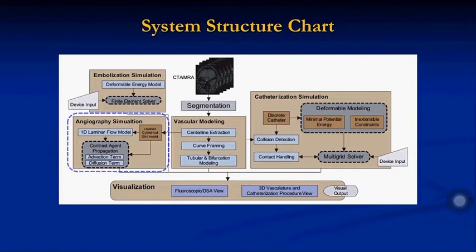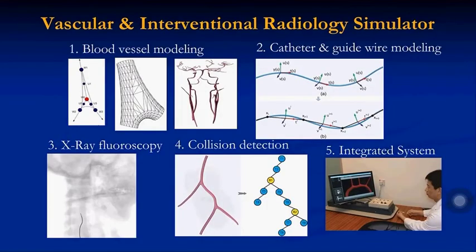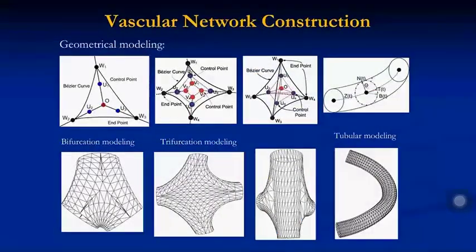In these vascular simulations, we mainly focus on constructing the vascular network. In a vascular interventional radiology simulator, here are some of the key components: the blood vessel modeling, the catheter and guide wire modeling, X-ray fluoroscopy simulation, collision detection, and then finally integrating all the components into one nicely integrated system.